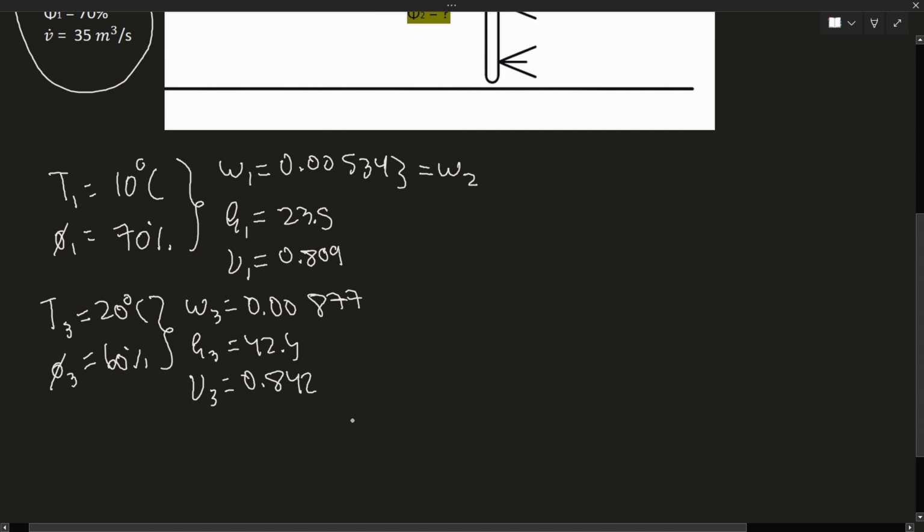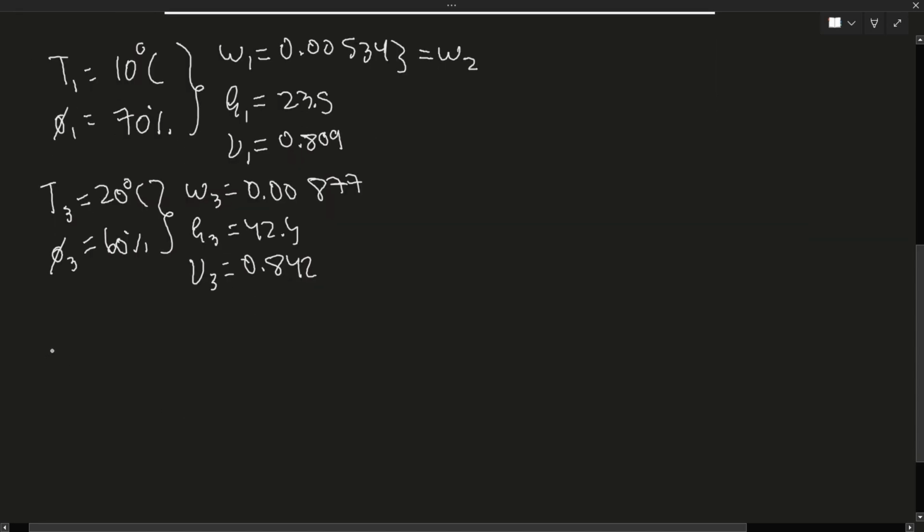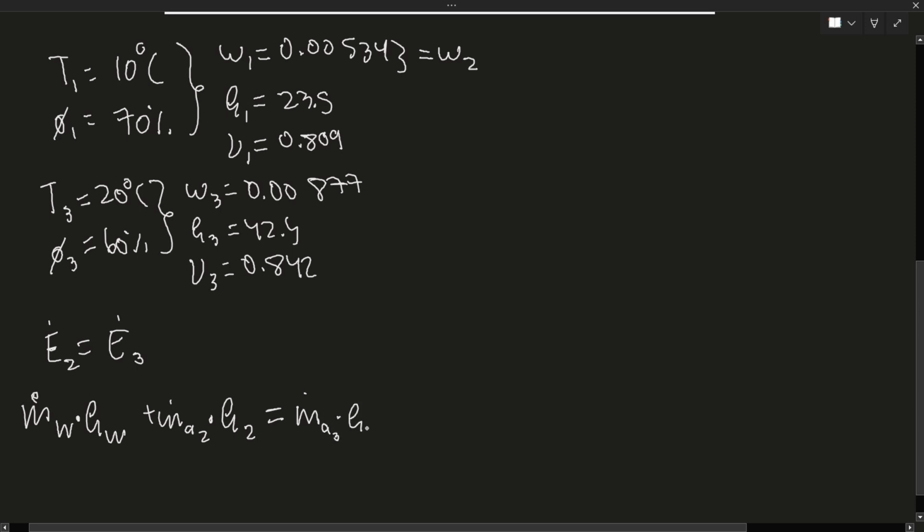So no heat is being removed or added, okay? So the energy at point 2 equals energy at point 3. Mass flow rate of water times the enthalpy of water plus mass flow rate at point 2 times enthalpy at point 2 is equal to the final mass flow rate times the final enthalpy, okay?